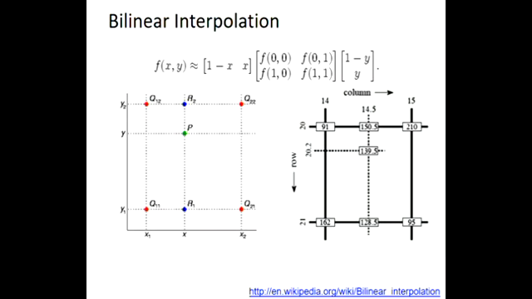So I have here 1 minus x, and x would be floating point numbers between 0 and 1. So this would be 0.5, 0.5, and this would be 0.8, 0.2, because I'm 0.2 down and 0.5 across from the upper left pixel. And then these are the 4 values of the surrounding pixels. And then this will give me my interpolated pixel value. So that's bilinear interpolation.